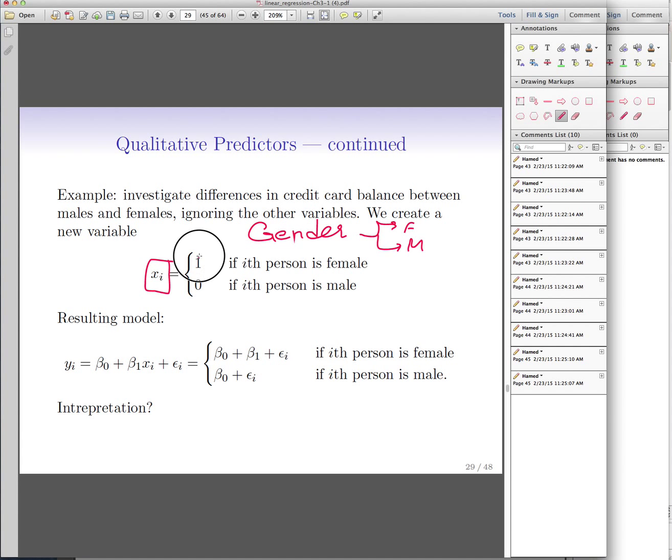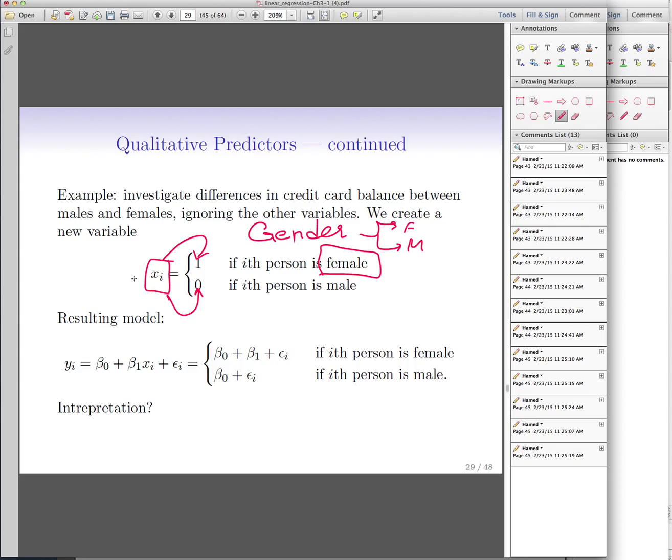You set it to 1 whenever it belongs to one of the categories and 0 otherwise. So if my ith person is female, I set it to 1, otherwise set it to 0. Remember, you could define 1 to represent male and 0 to female, and nothing would change. So there is no problem of dealing with that.